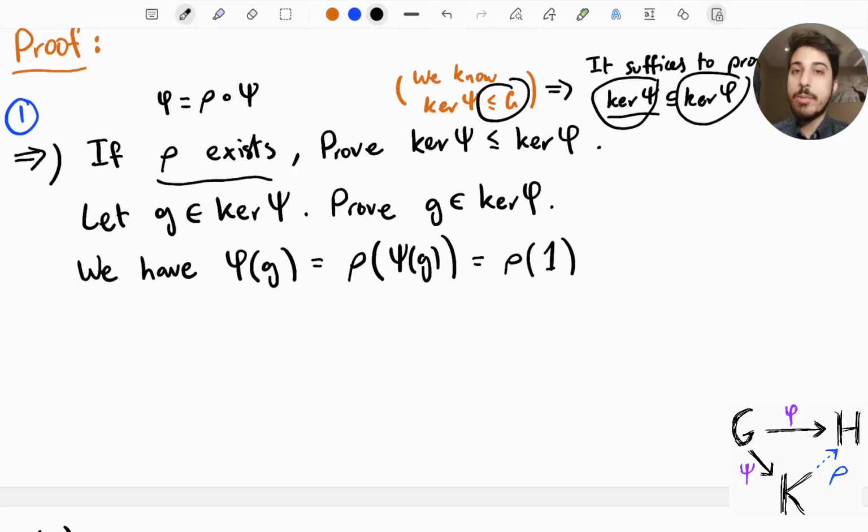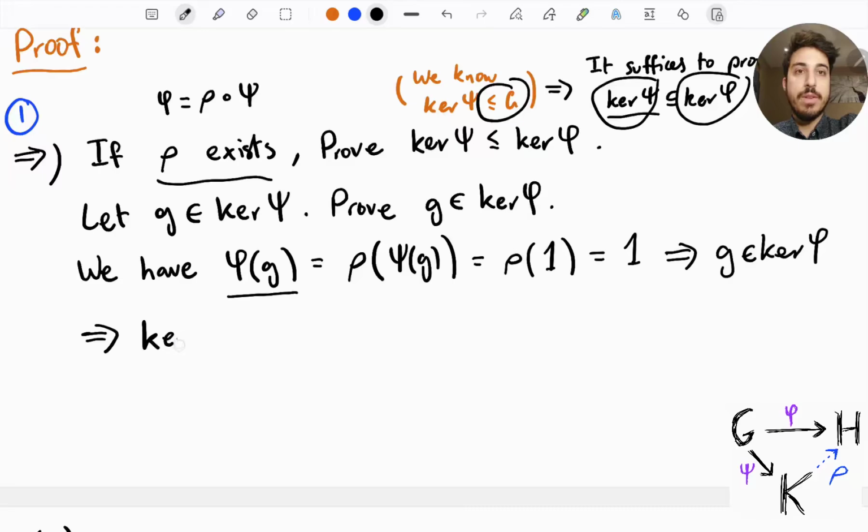And we know that a homomorphism carries the identity to the identity. Since rho is a homomorphism, this is equal to the identity. So this means that phi of g is equal to the identity, proving that g is an element in the kernel of phi. So g is in the kernel of phi, thus proving the inclusion of the kernel of psi inside the kernel of phi.